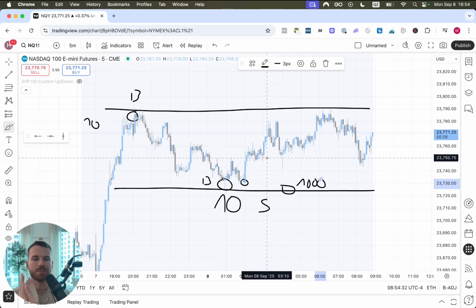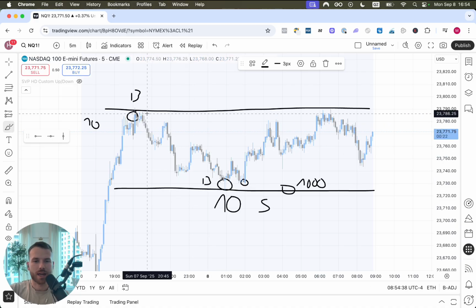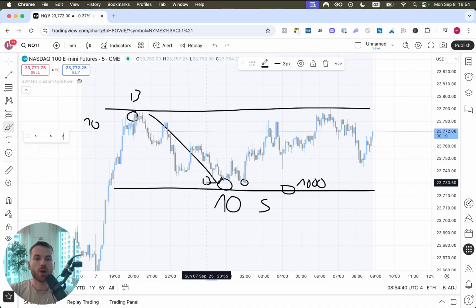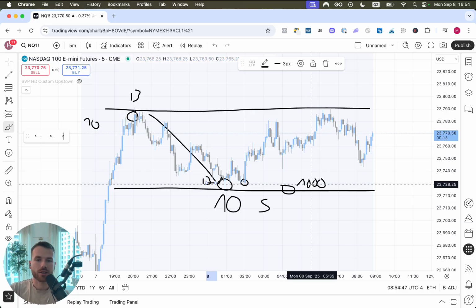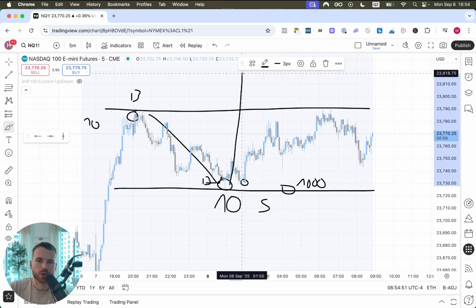The market, you cannot just buy 1,000 contracts at any given point. You just can't, because think about it, what's going to happen. If the market goes down to this level right here, and you go ahead and buy 1,000 contracts at once, just like that, because you just bought up the entire supply, the market will just shoot up.